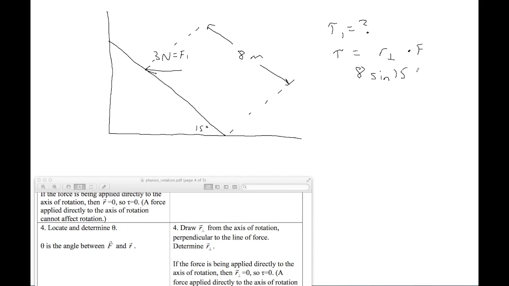And I know that this would be a counterclockwise torque, so it would be positive. That would be 3 times 8 times sine 15, which yields 6.2 newton meters. Positive 6.2.